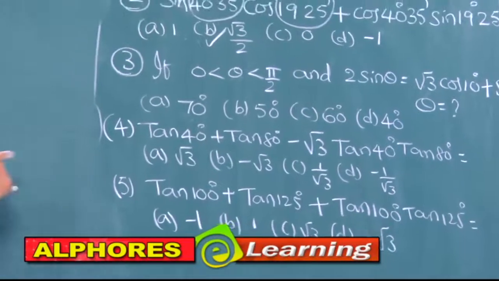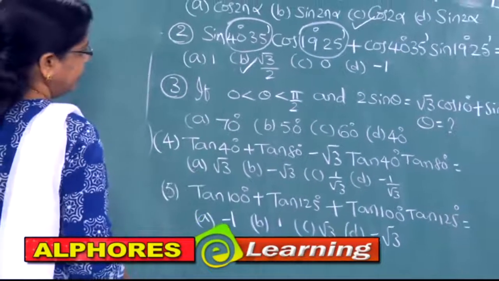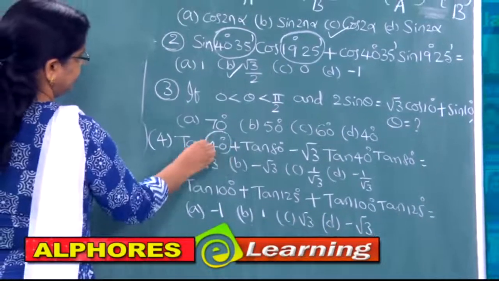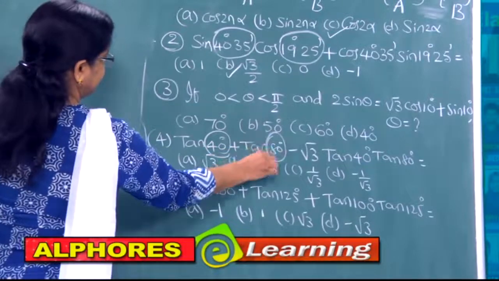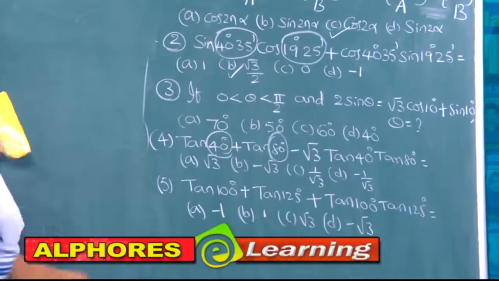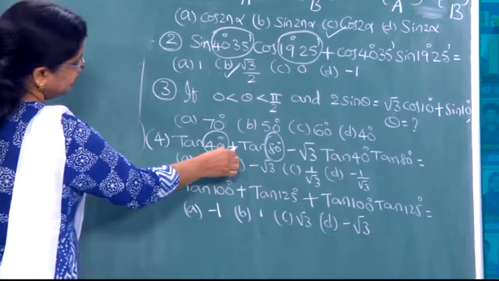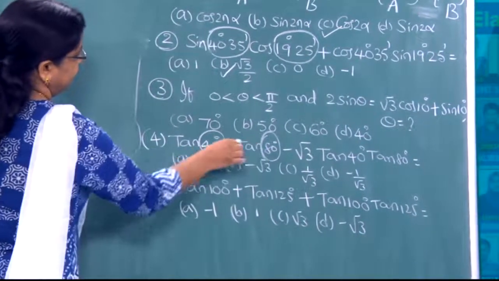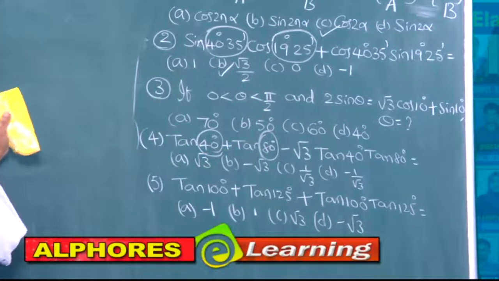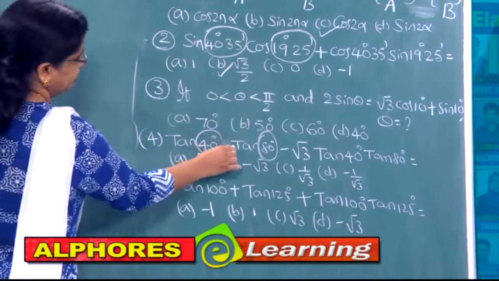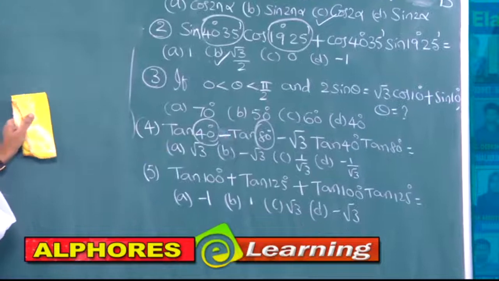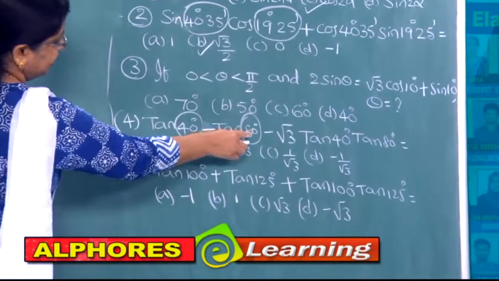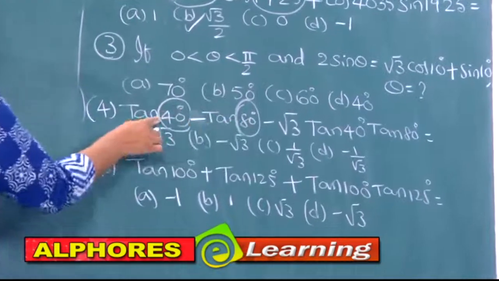Now you have to use here only two values, one is 40 degrees and the other is 80 degrees. Whenever in the problem a plus symbol is there between these two, start the problem by taking their sum, and if a minus symbol is there between these two, start the problem by taking their difference, 80 minus 40.